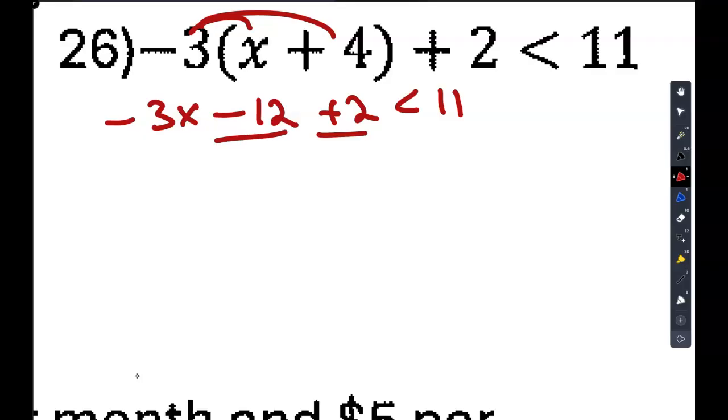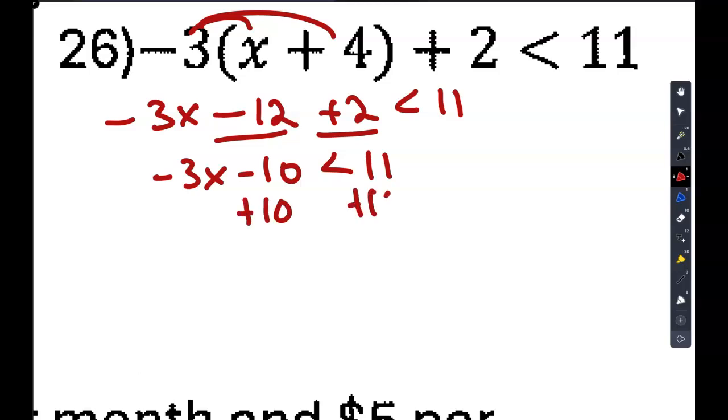We'll combine these like terms. We got negative 3x, negative 10, less than 11. We're going to add 10 on both sides.